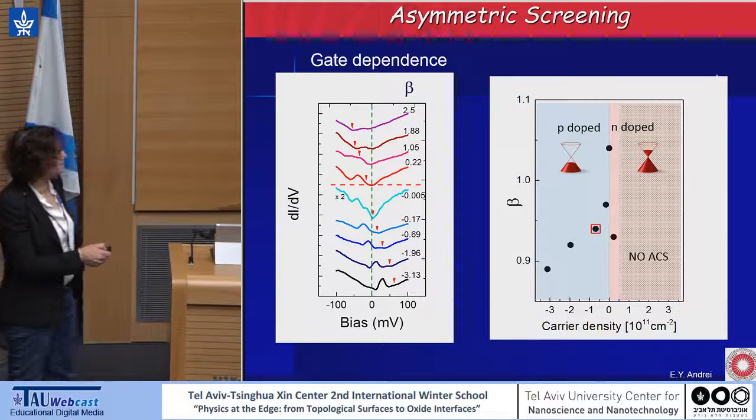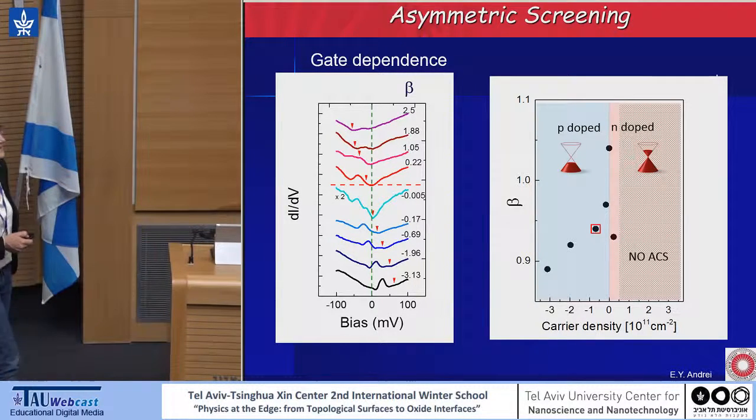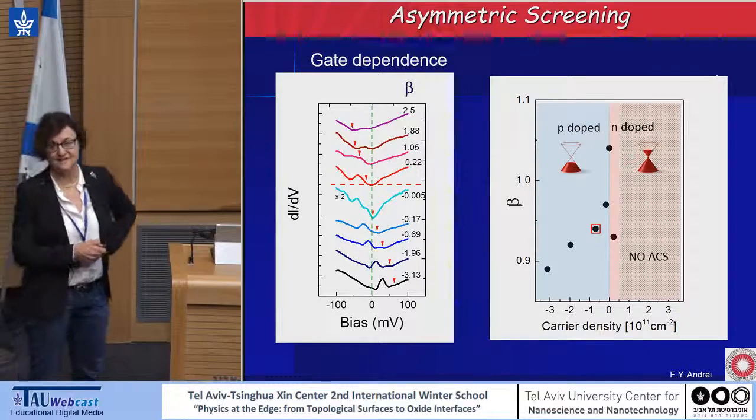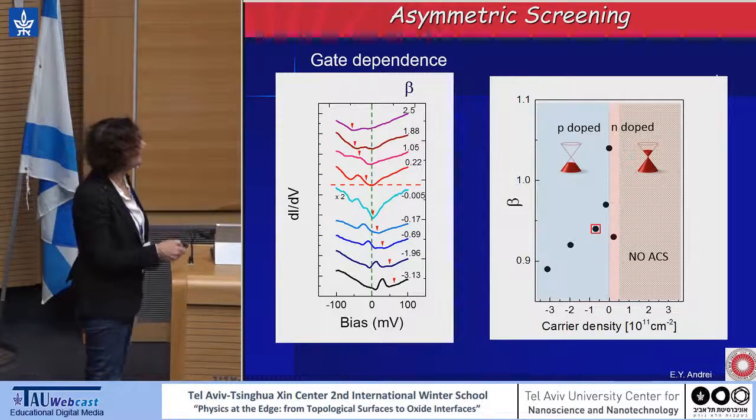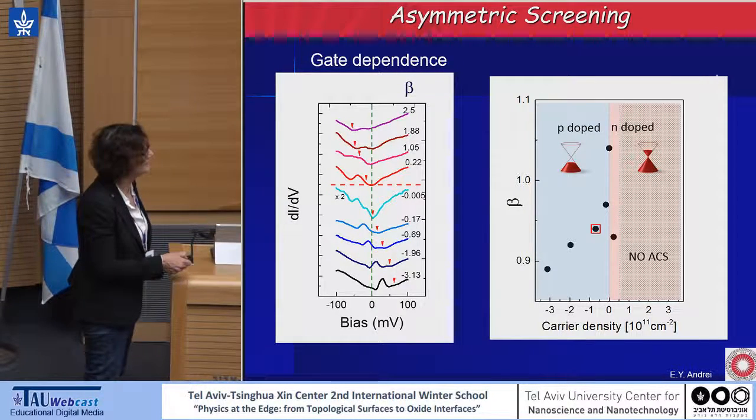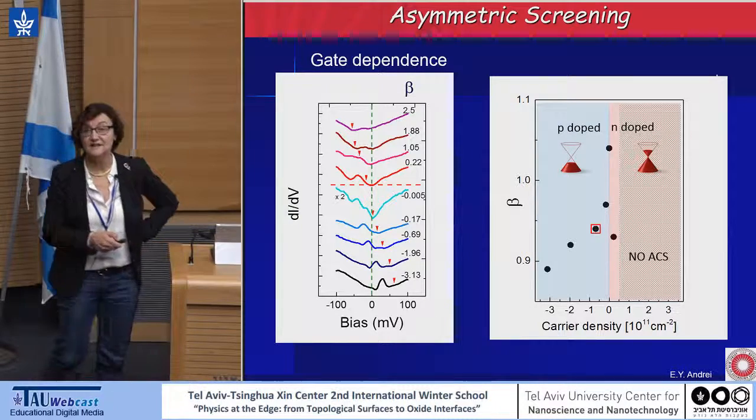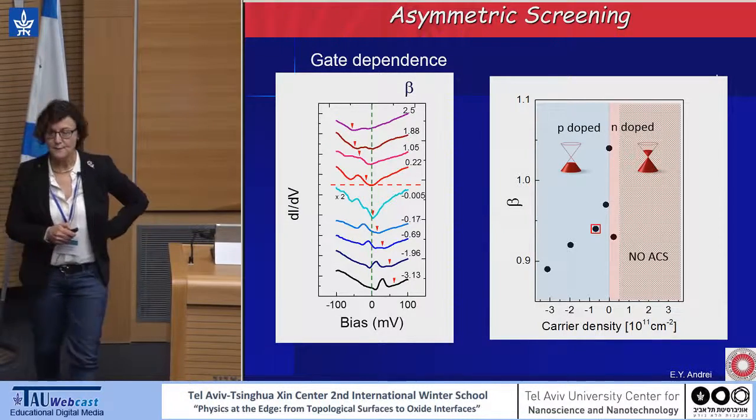What is extremely surprising to us is that the screening is so asymmetric. When we're on the p-doped side, the screening is strong. We can tune beta from 0.9 to 1. But as soon as we cross onto the n-doped side, there's no more. The peak disappears.